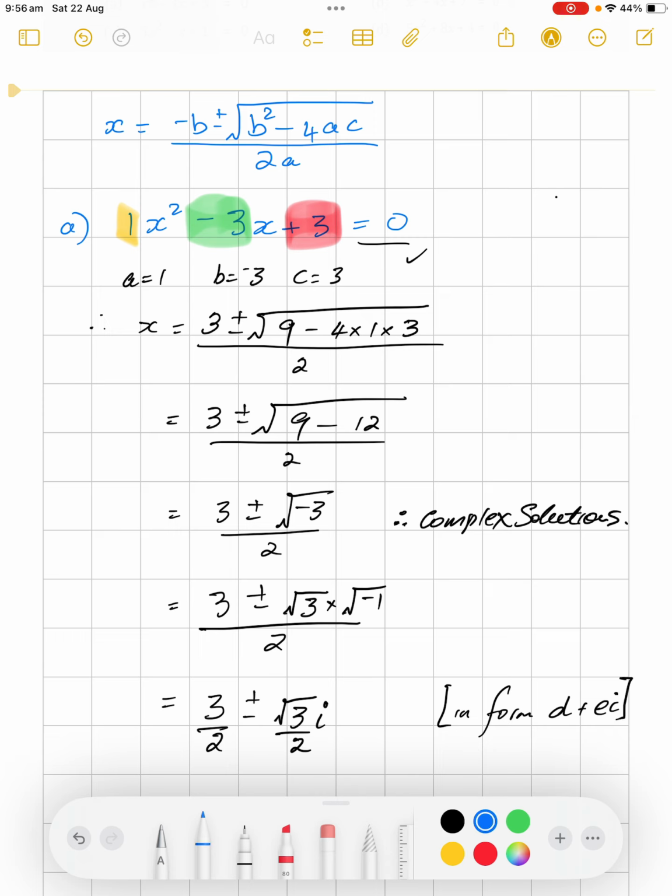By the way, they didn't ask for d. d is 3 over 2, and e is plus and minus, there's two e values, root 3 over 2. And i, as we know, is the square root of negative 1.